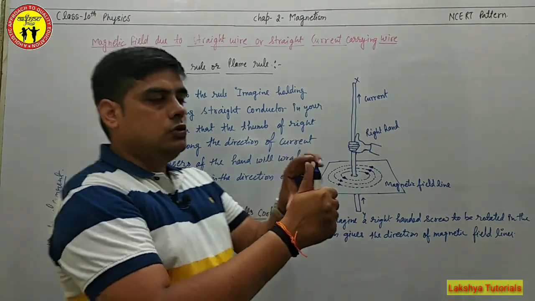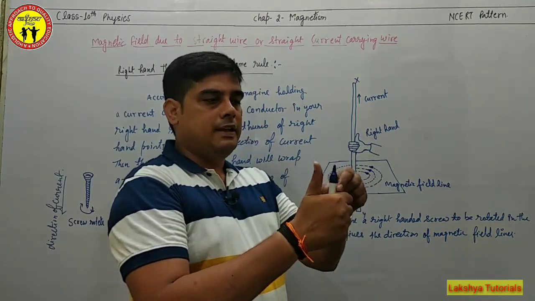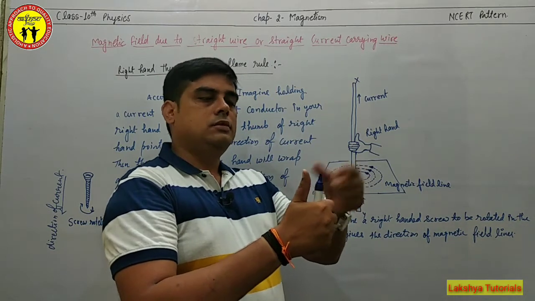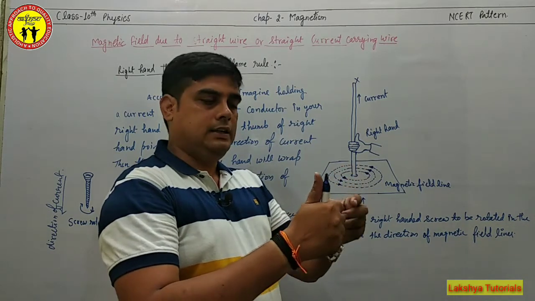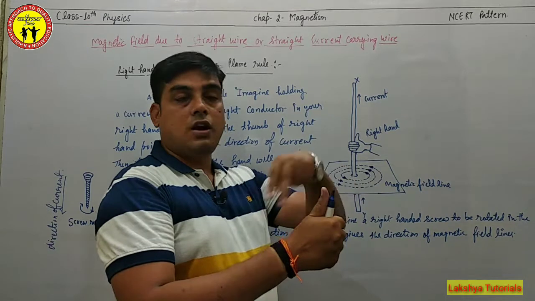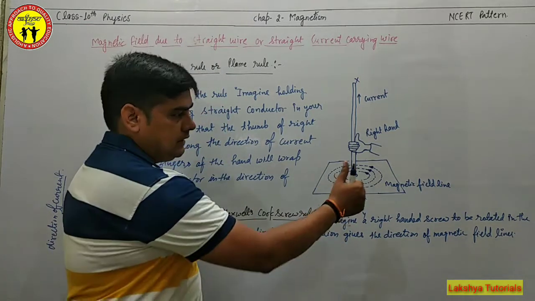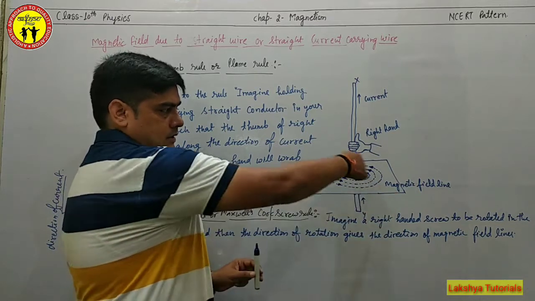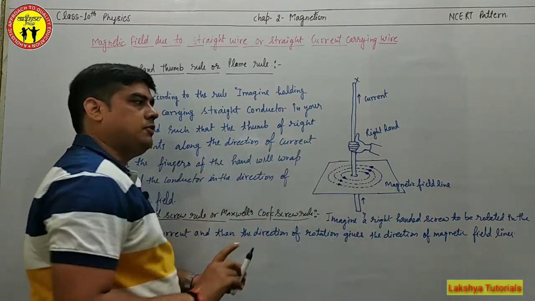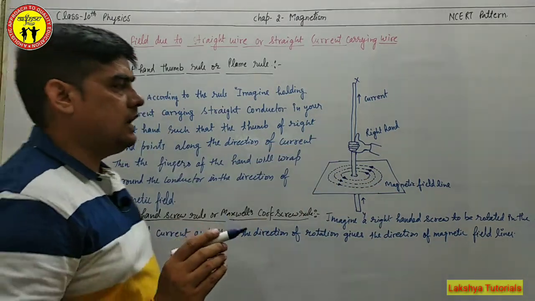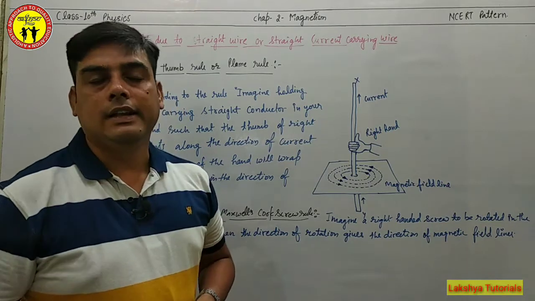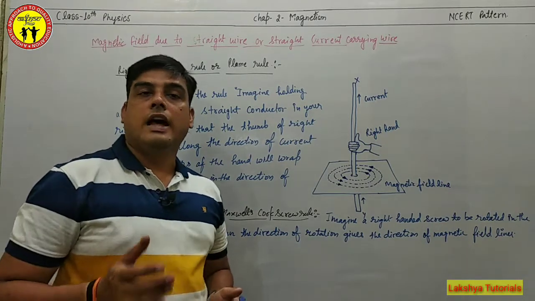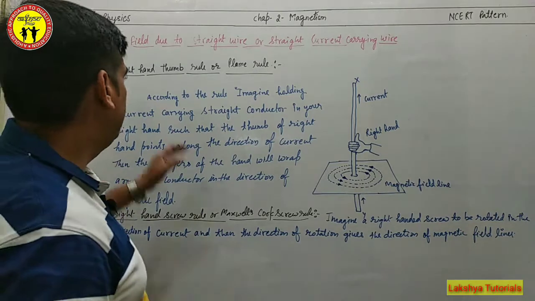Then you fix your thumb in the direction of electric current. देखिए wrapping क्या है? ऐसे. Then the direction of the wrapped fingers shows the direction of the magnetic field lines.